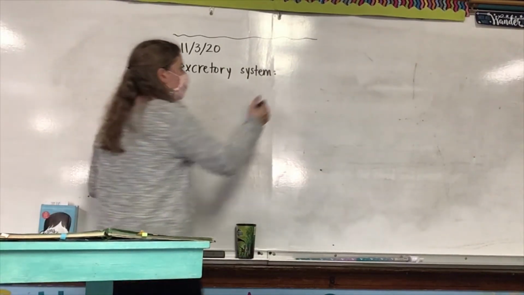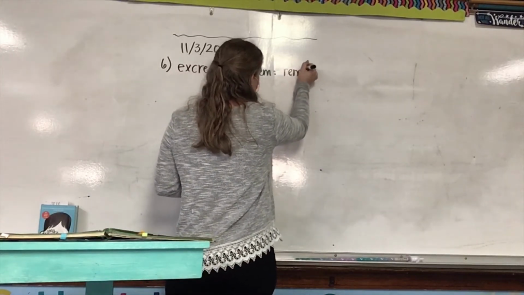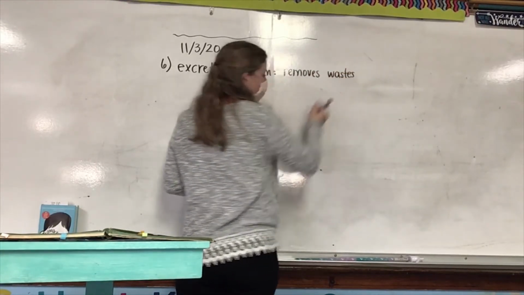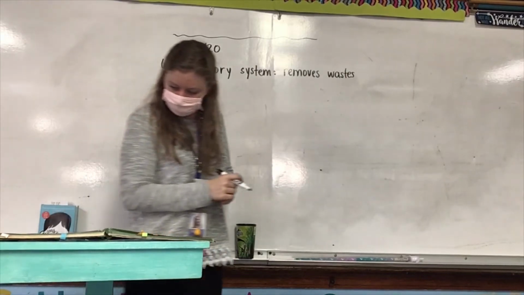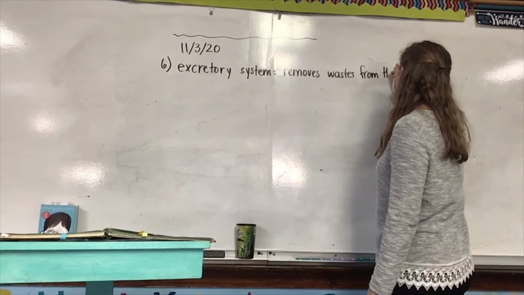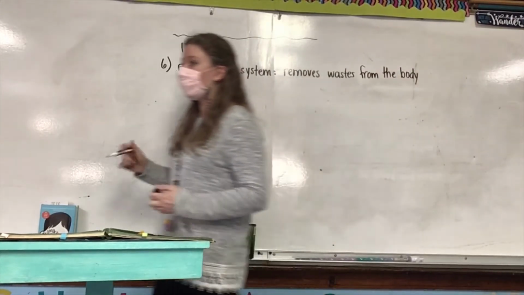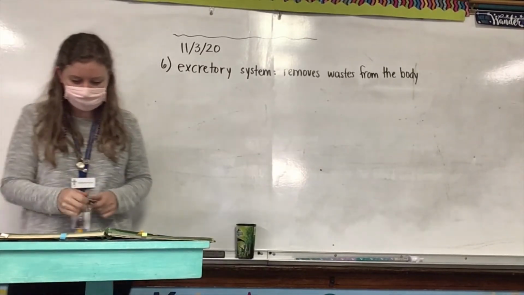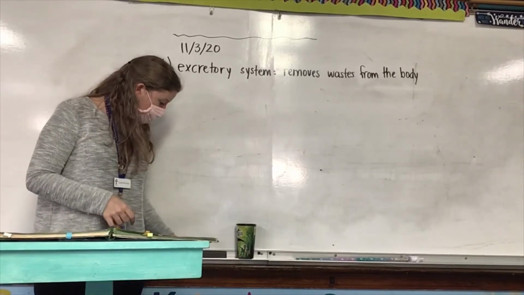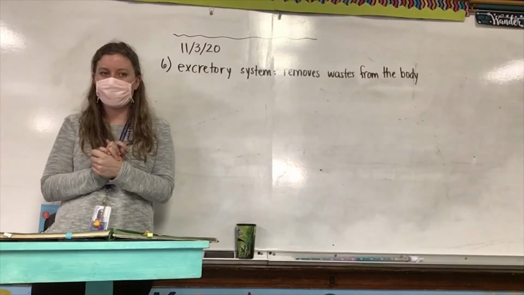And what it does is that it removes wastes from the body. So the excretory system removes wastes from the body, which means that the excretory system helps animals to carry out which of the 5 basic life functions?